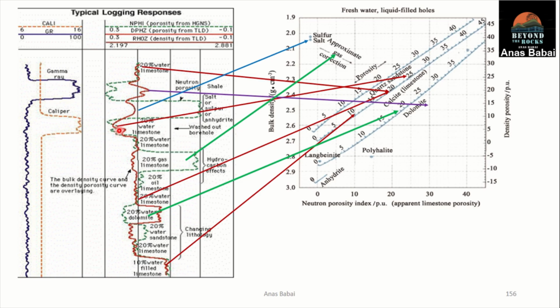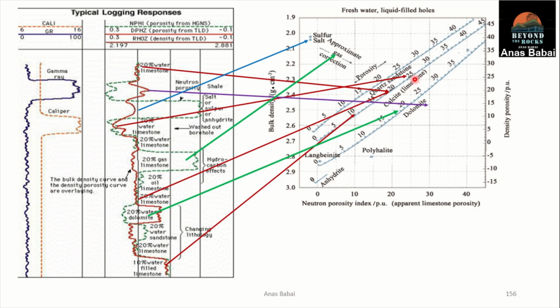For example, in this one we have limestone with porosity more than 20%, so it's around 25 for density porosity, and we also have around 25 neutron porosity.